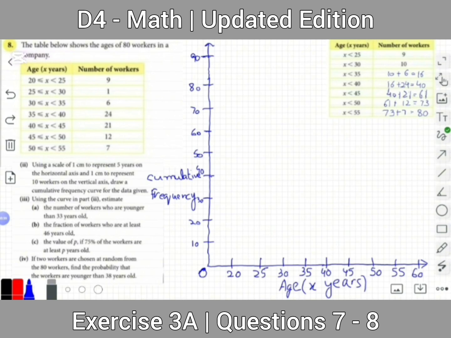So it means one box represents 5 years on the horizontal axis, and 1 centimeter represents 10 workers on the vertical axis.